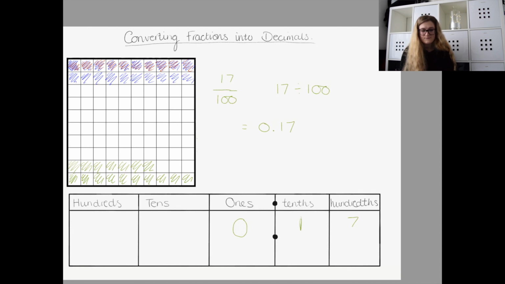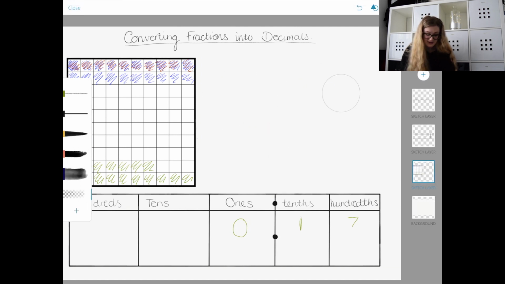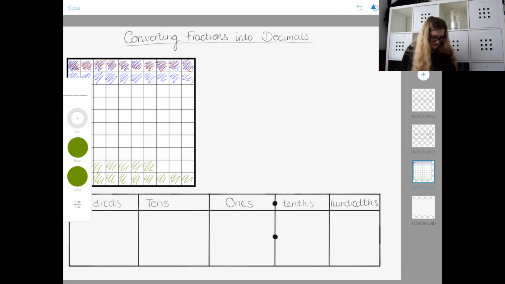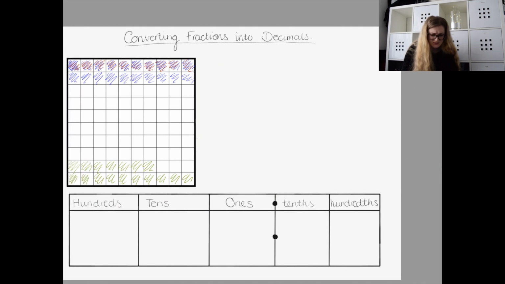Now, it's going to get a little bit more tricky now. So this is moving on an extra step. Sometimes you're going to be asked to convert fractions into decimals that have absolutely nothing to do with 100 square. So you might be asked, I'm going to go back to my normal black colour there, you might be asked to do 10/20ths. Can you convert 10/20ths into a decimal?